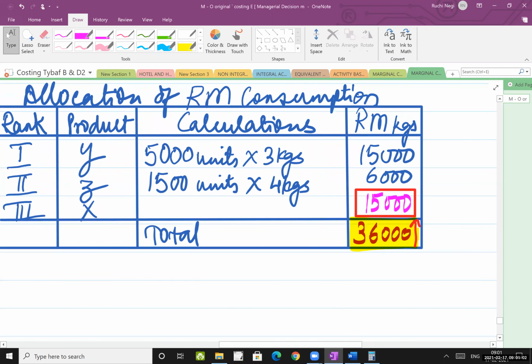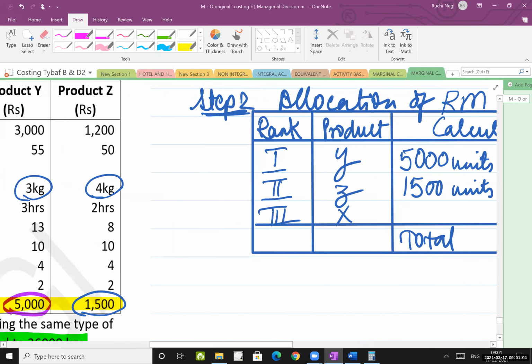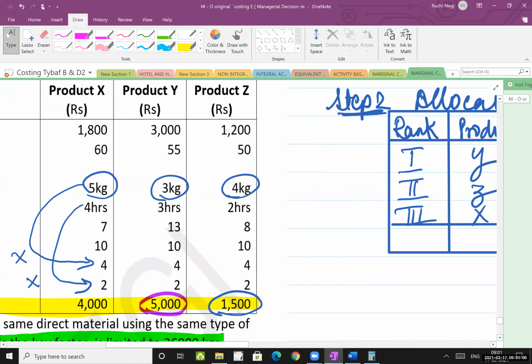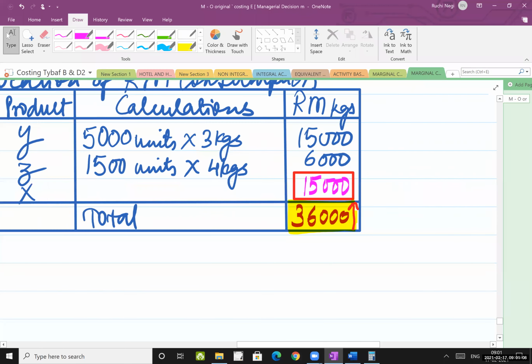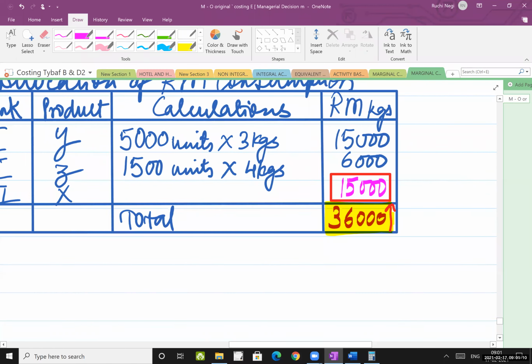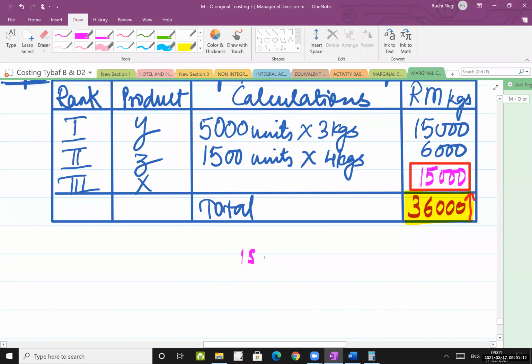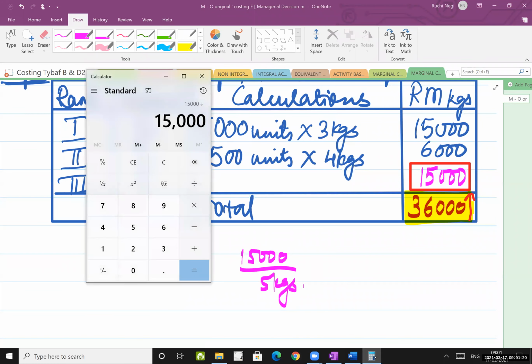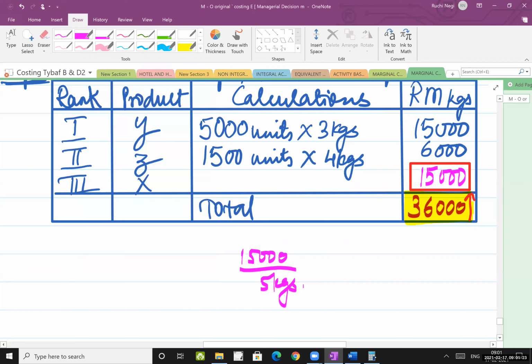Now for X, how much does it take? 5 kgs. So now what will I do? 15,000 divided by 5 kgs. Do it. So I can make 3,000 units of this.